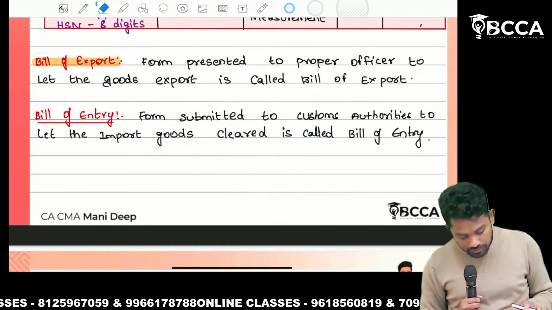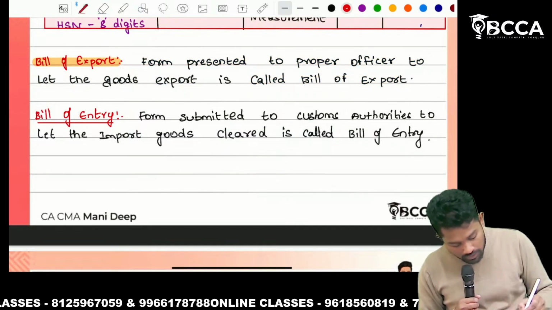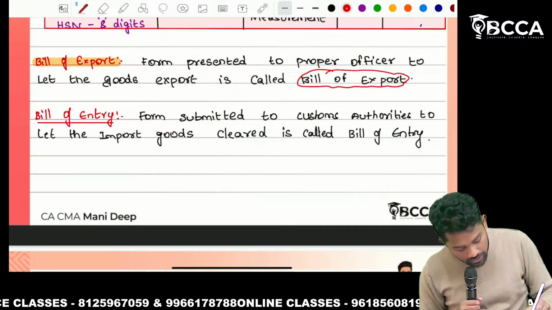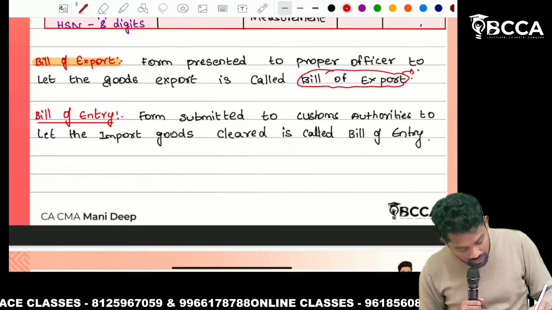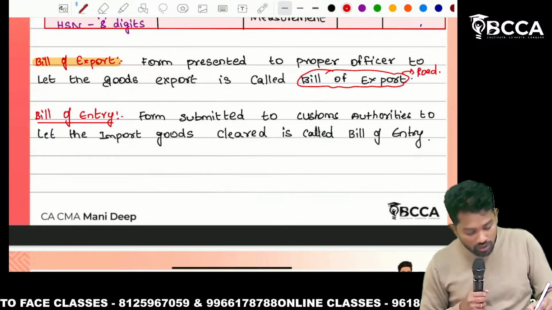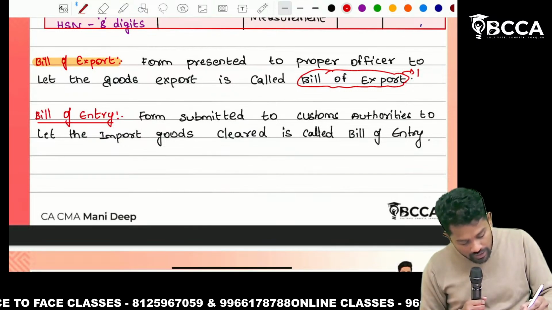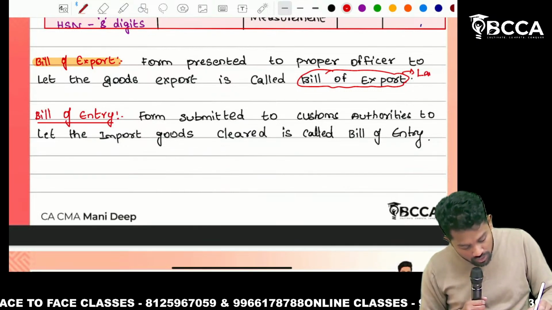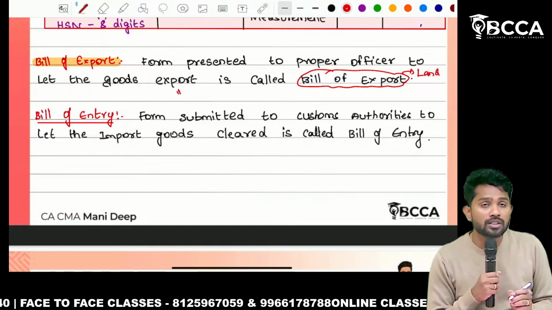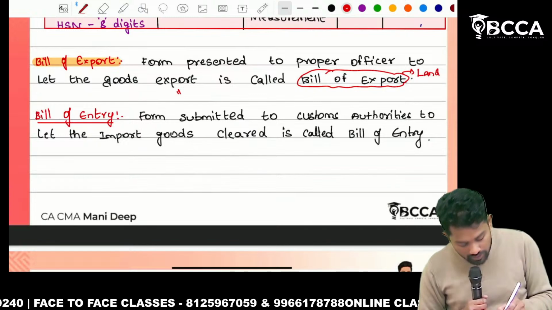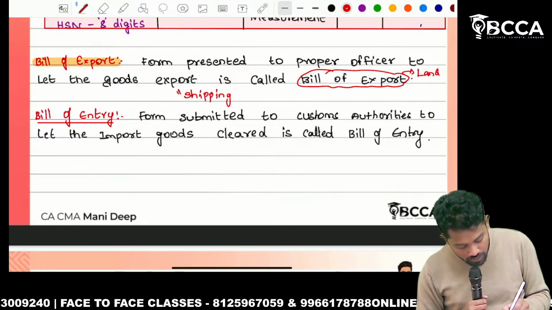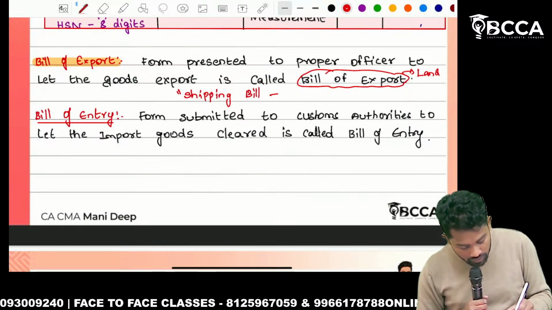Sir, bill of export will be filed when the goods are being exported through a land route, either railways or roadways. Whereas if the goods are being exported through aircraft or vessel, then that is called a shipping bill.